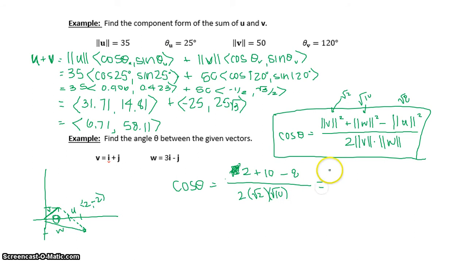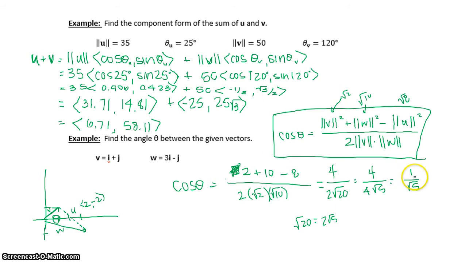So 2 plus 10 is 12, minus 8 is 4, over 2 times radical 20, which I could actually simplify my radical 20 to be 2 radical 5, which would make this 4 radical 5, which means it's actually 1 over radical 5.